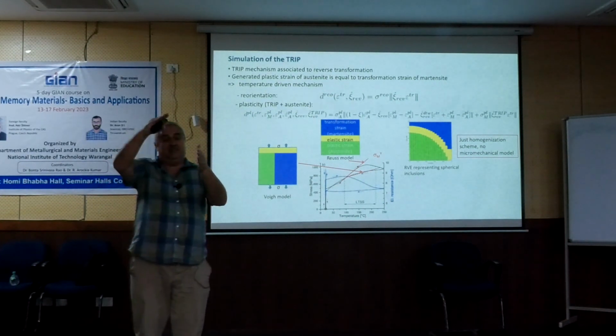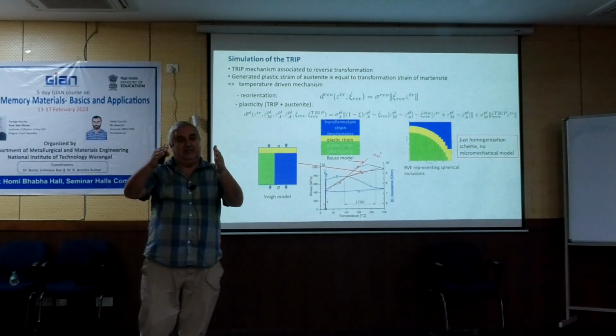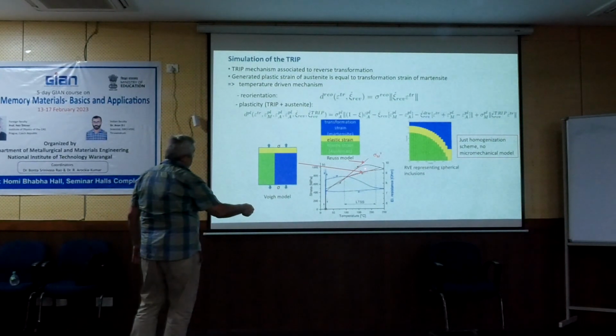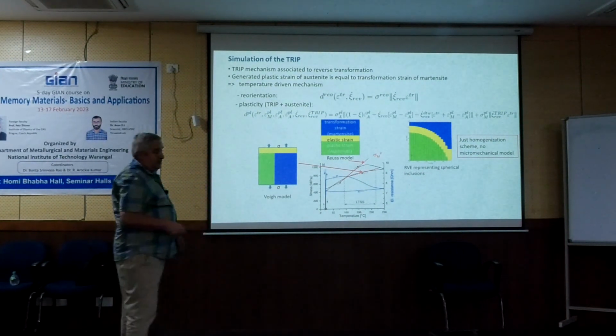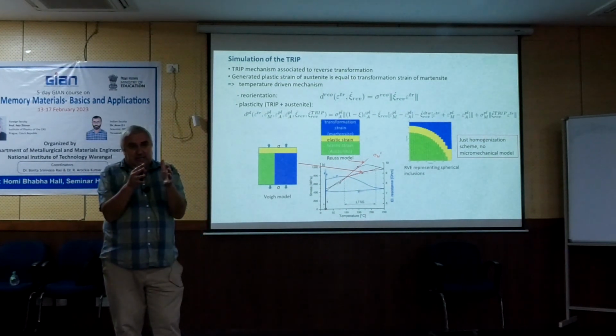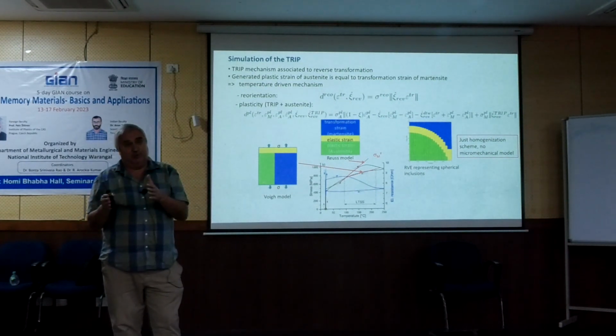So if the stress is increasing, the transformation strain goes to the elastic strain. But the stress stops increasing, reaches a maximum, and starts to decrease. So the only possibility is that this oriented martensite is transformed to the austenite without going back. So we have to understand the mechanism of how this oriented martensite transforms to the austenite.